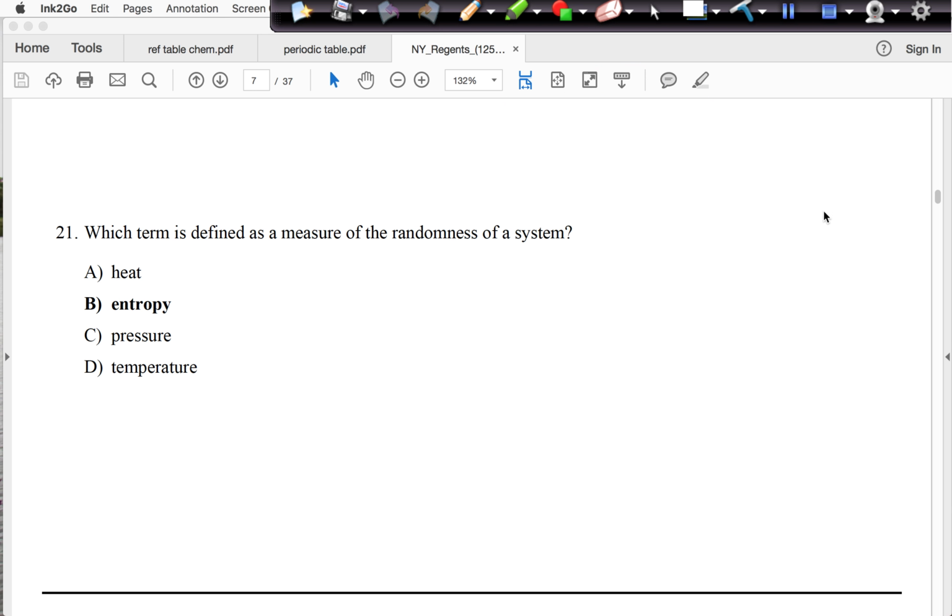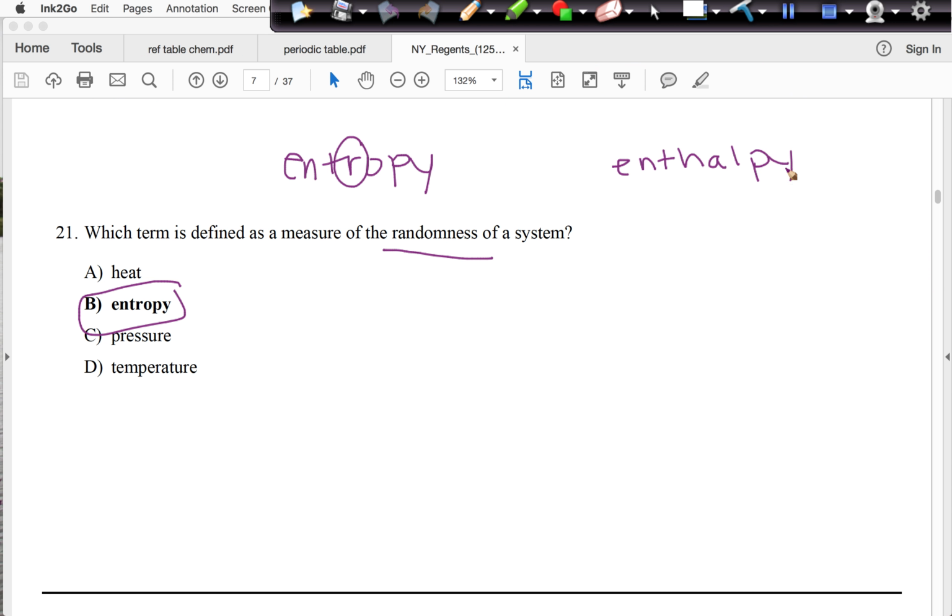Number 21, which term is defined as a measure of randomness of the system? This is a definition question. I always remember that the R in entropy means randomness, so entropy is the randomness. The other word that kind of sounds like this is enthalpy, and I say that the H means heat.